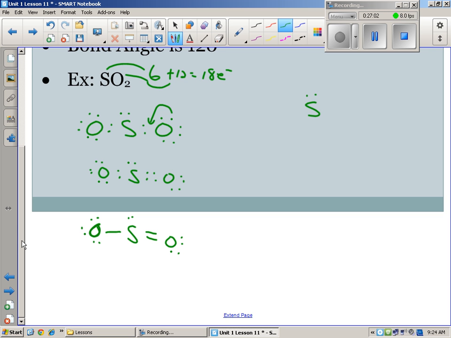Since this lone pair is up here, we still need to make sure that we are far enough away from that lone pair, because pairs of electrons repel each other. That pair of electrons is on the central atom, so we need to spread everything else out as well. So we put our O down here, and then our best diagram would look something like that.